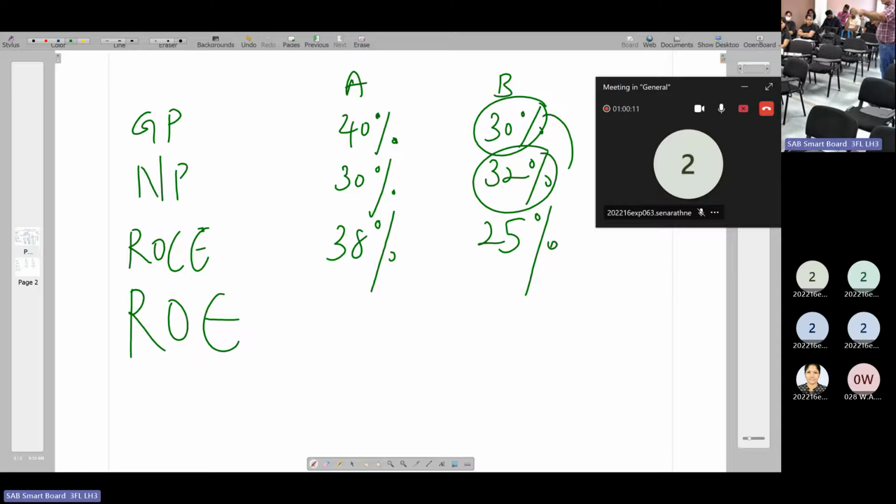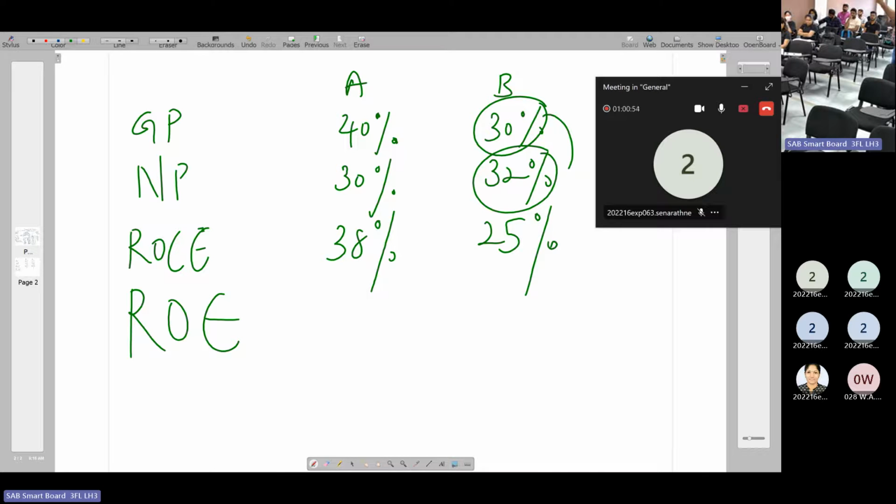Which company is better, A or B? In terms of ROCE, A company is better.